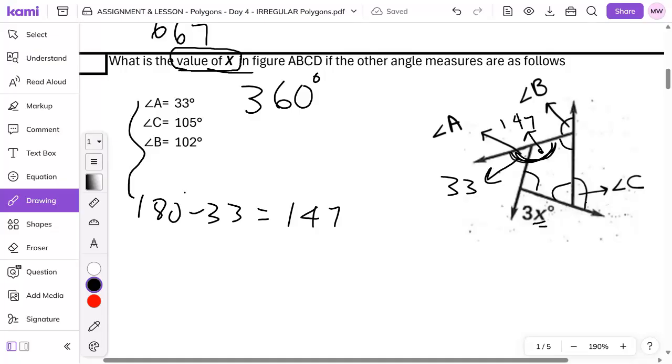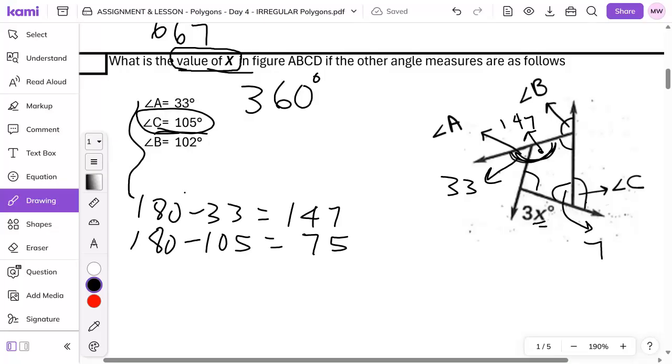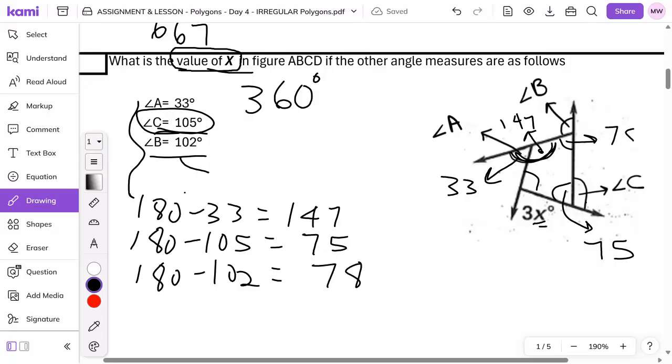This one C, if C is 105, then 180 minus 105 from right here is equal to 75. So this one right here is 75. B is 102, so 180 minus 102 equals 78. So this is 78, okay?